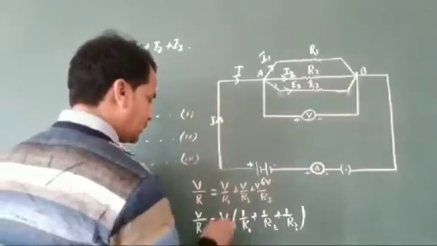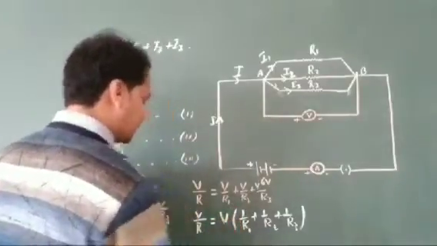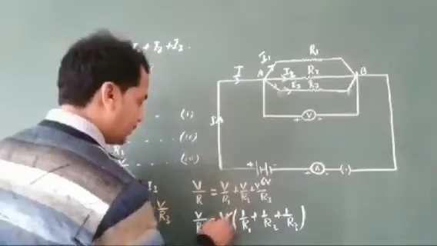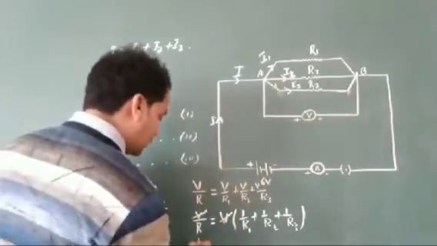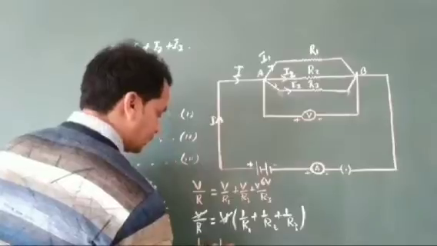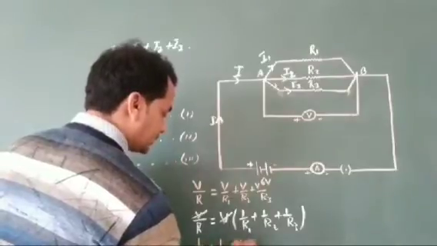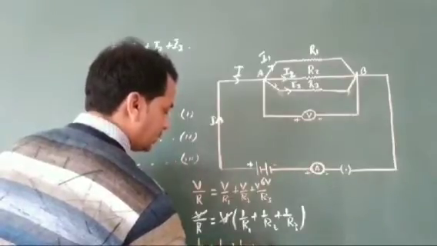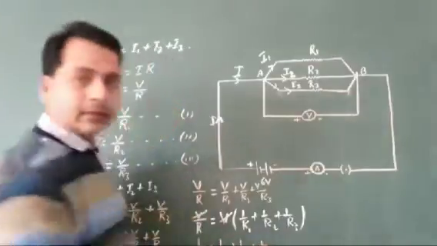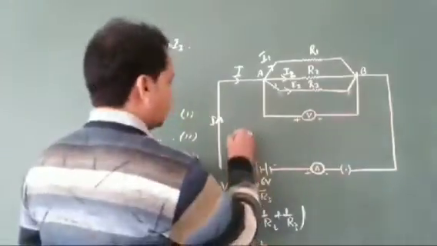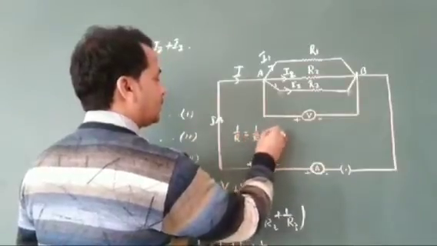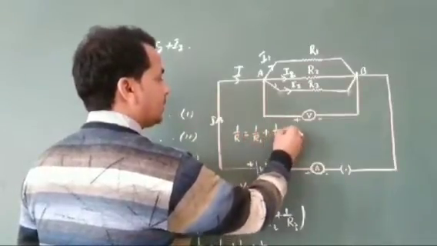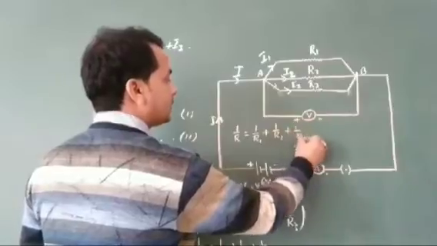The potential difference is the same on both sides, so cancelling V, 1 by R equals 1 by R1 plus 1 by R2 plus 1 by R3.